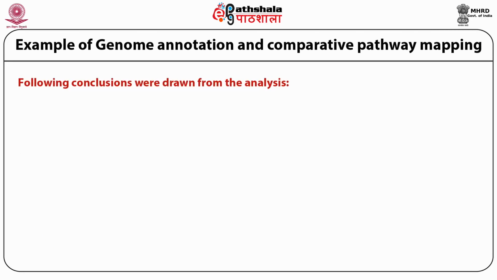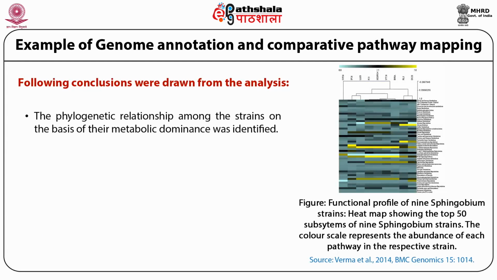The following conclusions were drawn from the analysis. First, the phylogenetic relationship among the strains on the basis of their metabolic dominance was identified, such as strains which share close nucleotide identity were clustered separately in their metabolic profile.